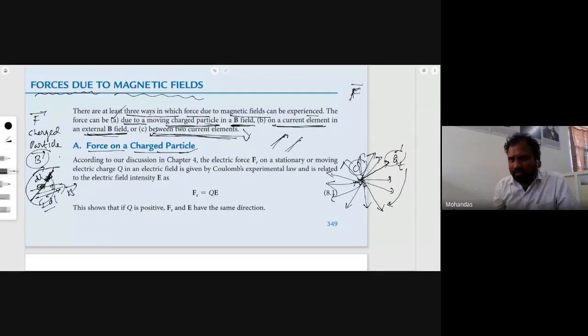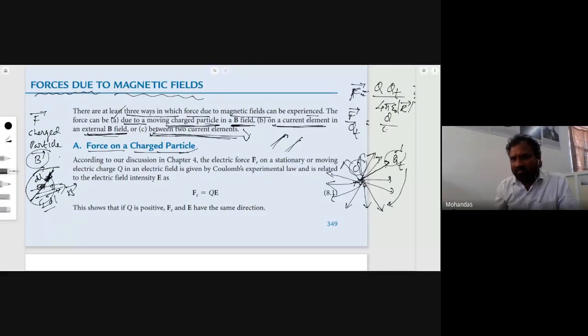Force F equal to Q into QT by 4 pi epsilon naught R square in the direction of aR. And if I divide the force by QT, what remains here?